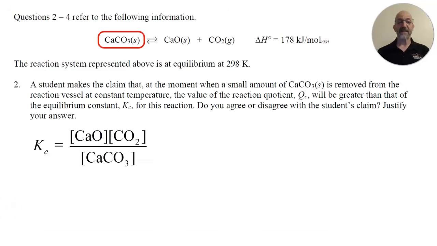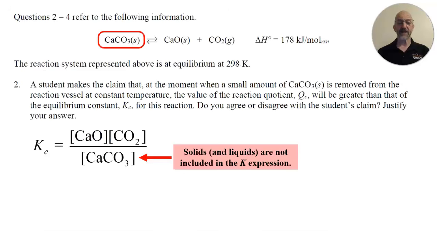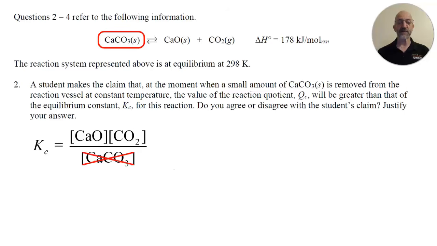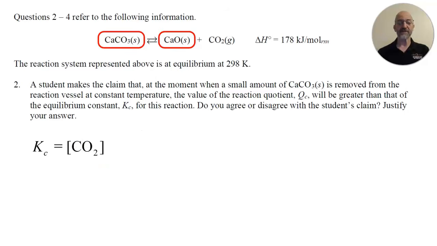So because solid calcium carbonate should not be included in the equilibrium constant expression, as well as solid calcium oxide, the correct equilibrium constant expression, Kc, looks like the following. And now, based on that correction of that mistake that I had made earlier, just to show you that solids are not included in the equilibrium constant expression, here is the answer to question 2, which is going to begin with the phrase, I disagree.